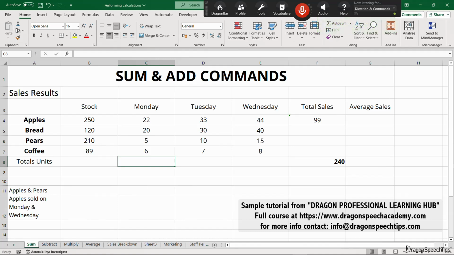You will notice that Dragon ignores the text. Sum the values above. Go to cell D8. Alternatively, you can be more precise with a command such as sum previous 2 cells in this column.